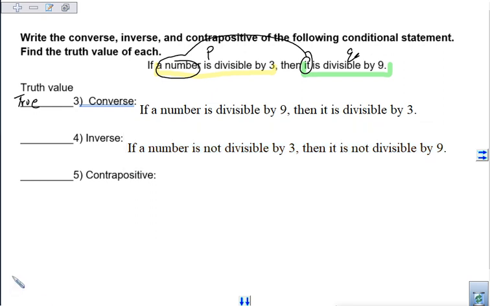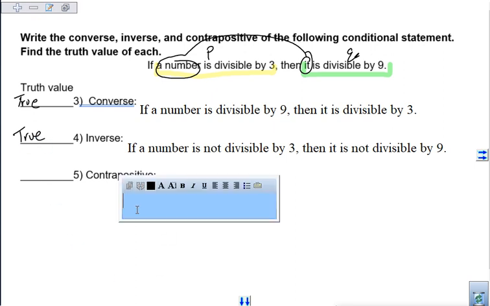So again, if a number is not divisible by 3, then it is not divisible by 9. What would our truth value be? Remember that 9 is a multiple of 3. So if you can't divide your number by 3, then you can't divide your number by 9. So that's a true statement.